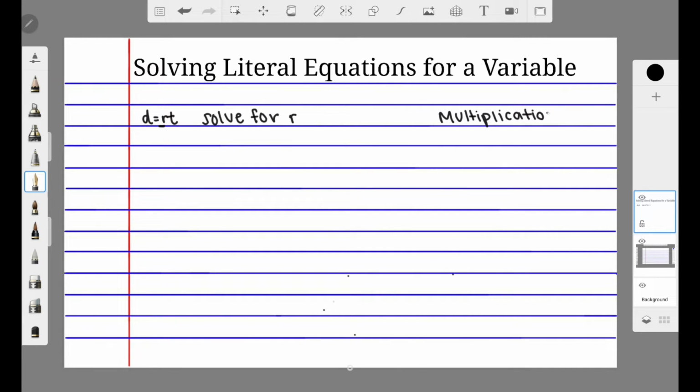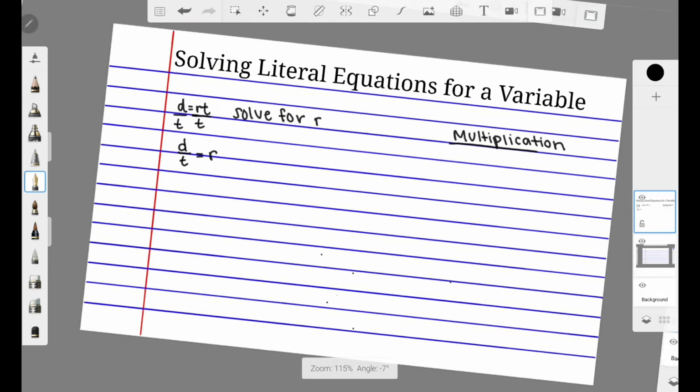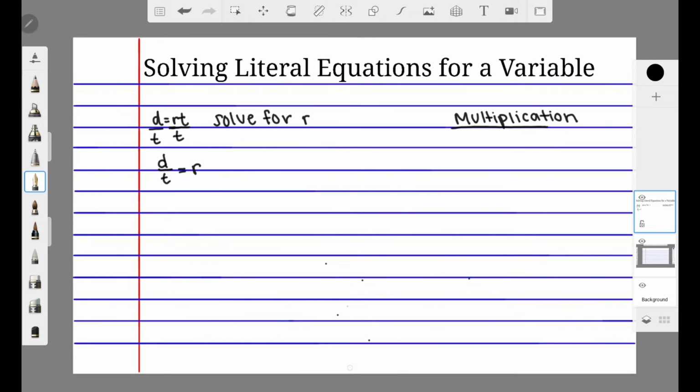And we know that the opposite of multiplication is division, which means that let's divide either side by t so that we can get rid of the t. Now we have d over t is equal to r. So if we ever wanted to solve for the average rate and we had the distance and time, we could use this formula. Distance divided by time equals rate.